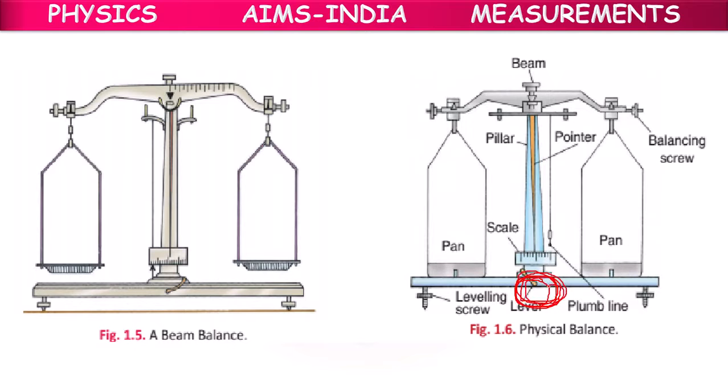If we turn the knob, both pans will be lifted up and the pointer moves right side, left side. Objects are placed in one pan, weights in the other pan. Like that we have to do.